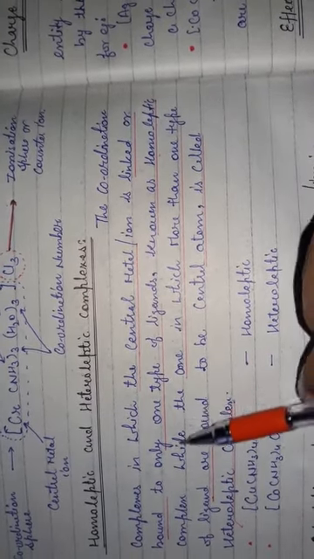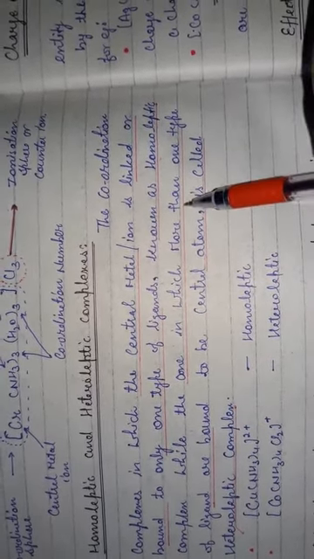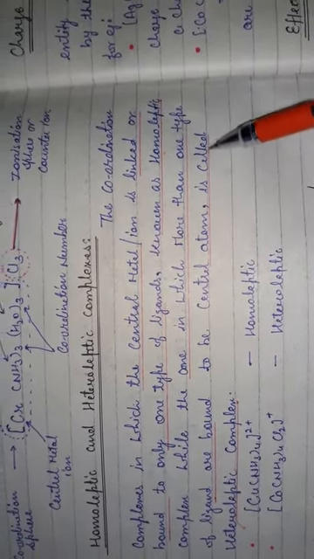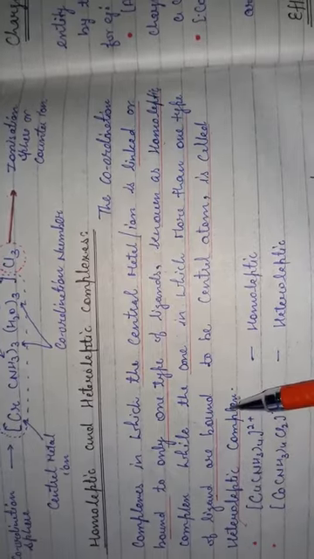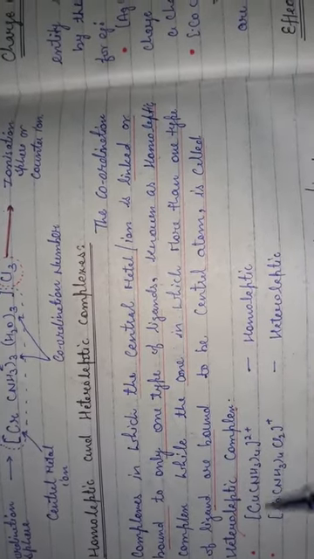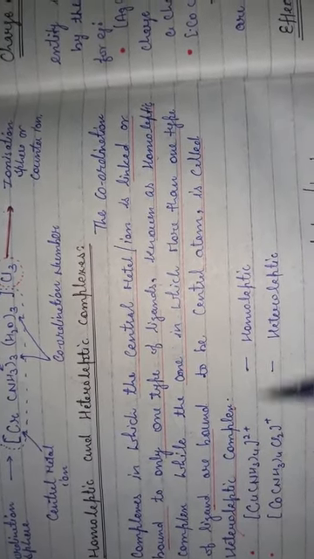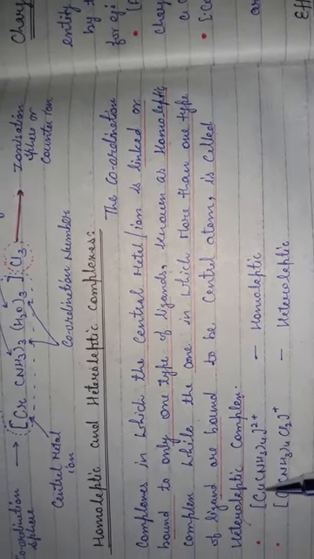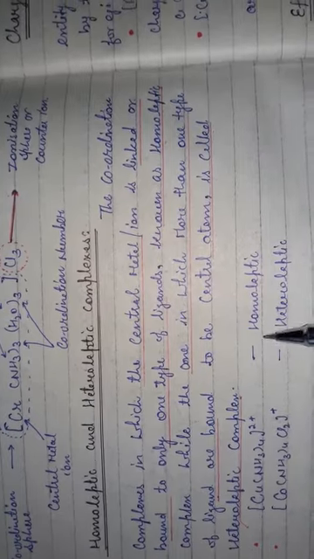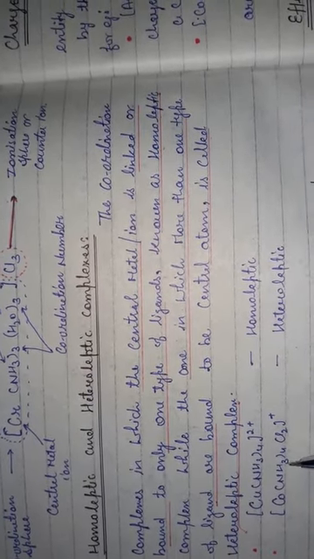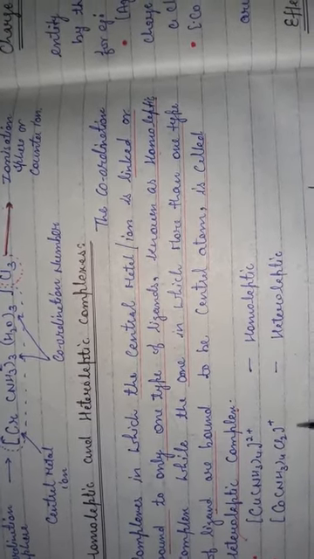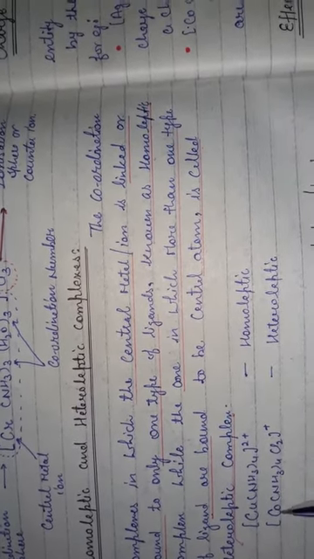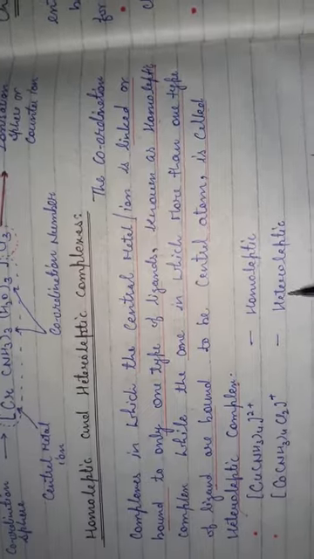But the one in which more than one type of ligand is bound to the central metal atom is called a heteroleptic complex. In this example, only one type of ligand is attached to the central metal atom, so it is homoleptic. Similarly, in this complex two different types of ligands are attached to the central metal atom, so it is a heteroleptic complex.